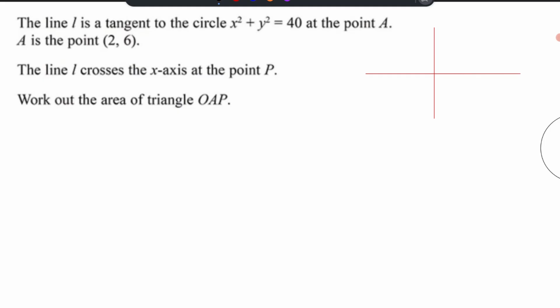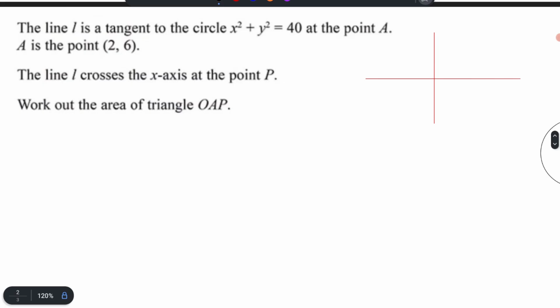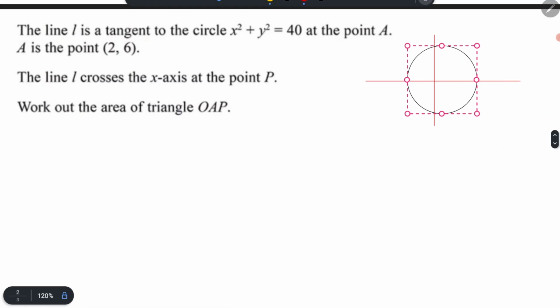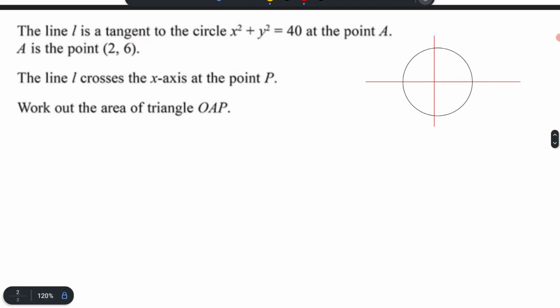So the first thing is there's no diagram given, so it would make sense to draw a diagram. For GCSE, circles will always be given to you with the center at the origin. So in this case, we can just draw a circle or sketch one out, like I've just got one on the screen here. Not perfectly drawn, but good enough.